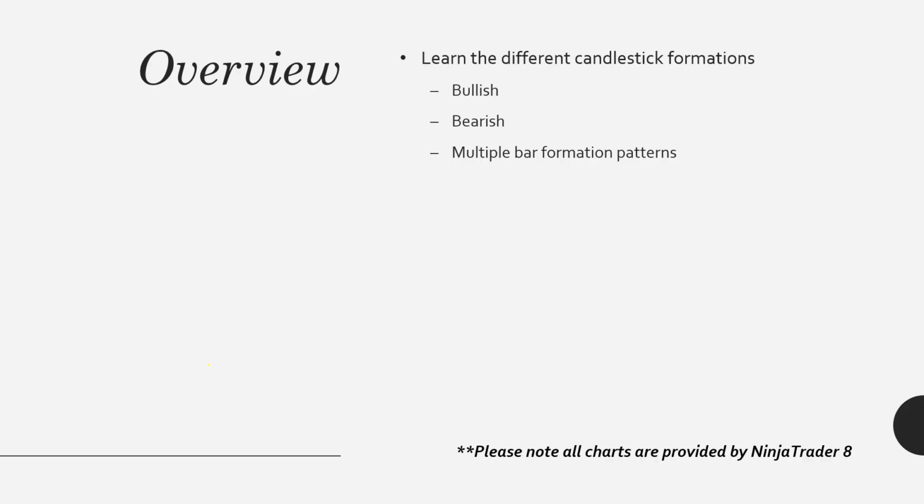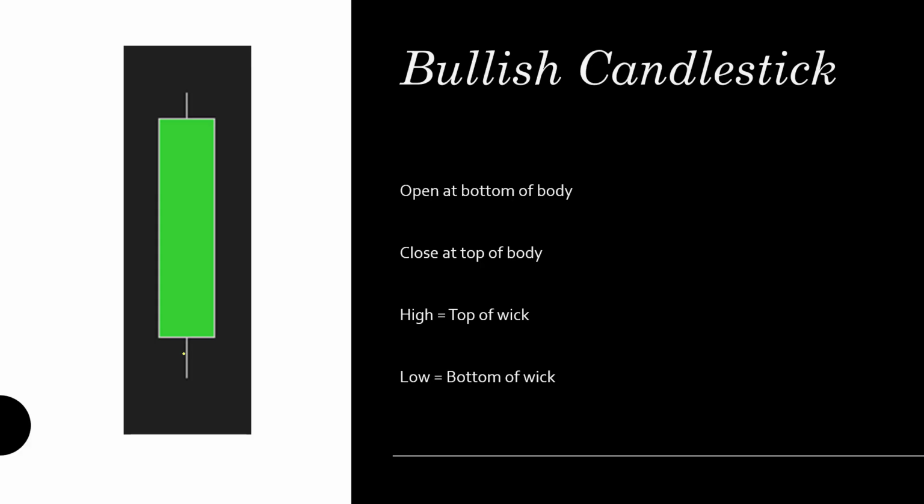What I want to show you actually is how to learn the different candlestick formations, bullish, bearish, as well as multiple bar formation patterns. For example, this is a bullish candlestick, okay? And you can tell that because the body, which is this portion right in here, okay, is green, okay?